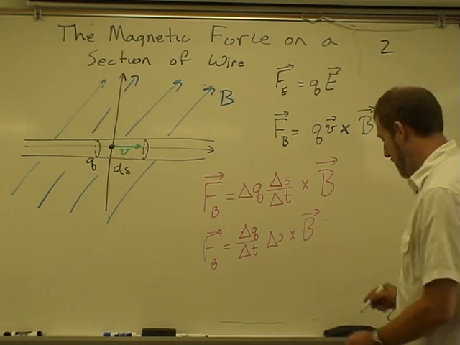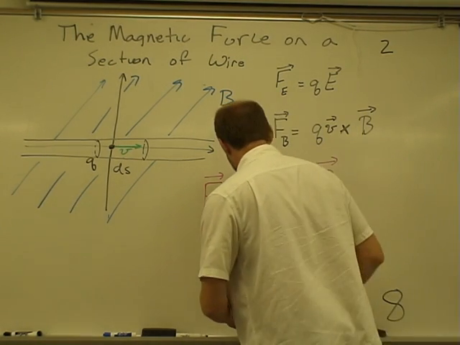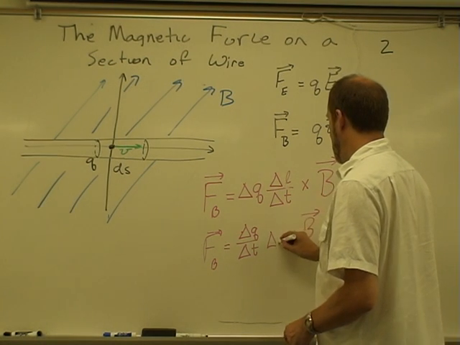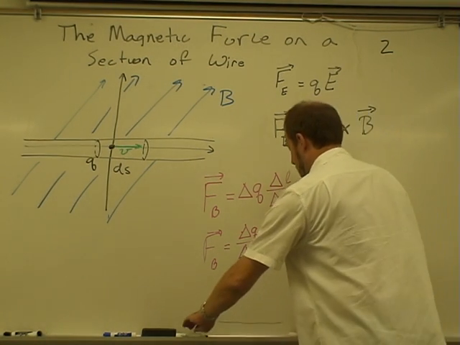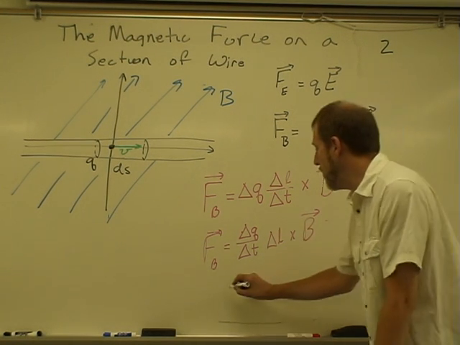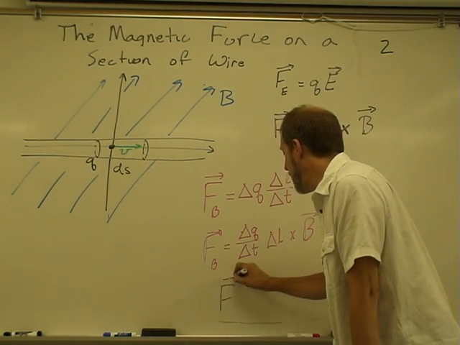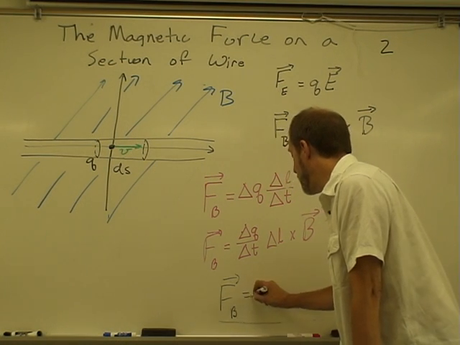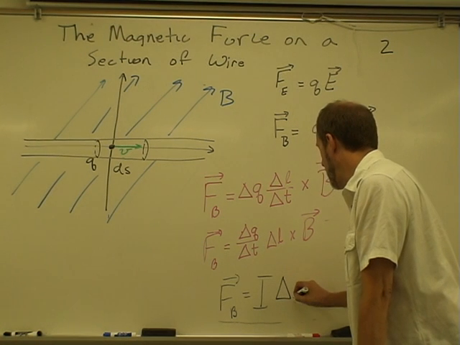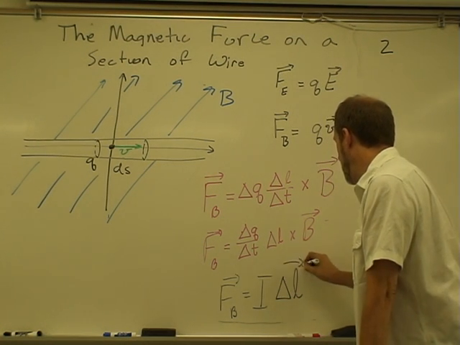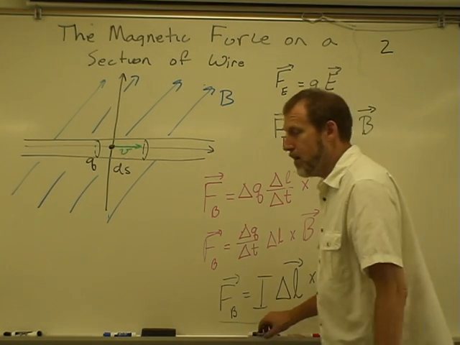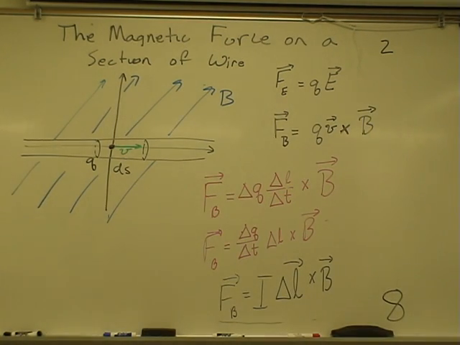Then what I've got, or actually I believe the textbook uses L, the delta Q over delta T is the current. So the magnetic force on a current carrying piece of wire is equal to I times delta L cross B. Similar in that structure.